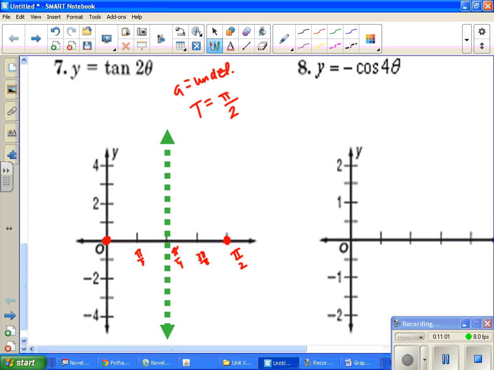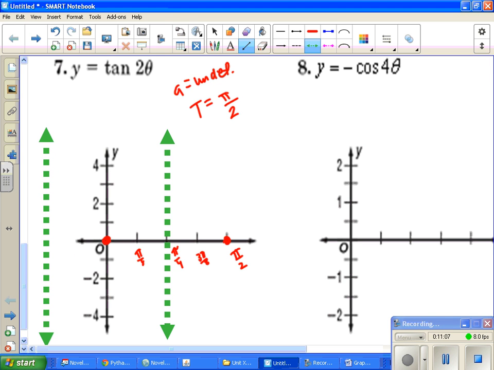So again, I'm going to put my other asymptote in over here, and draw my shape. So halfway between where it crosses the origin and the asymptote, I'm going to be at 1. So halfway over here, I'm going to be at -1. And we connect the dots. Nice and smooth.